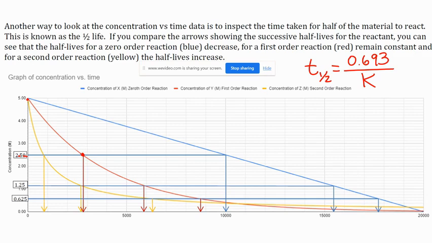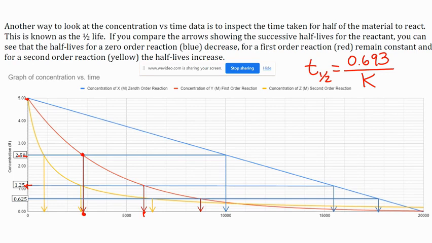Here's my 2.5. I find that time right here. I can see that when I go down to 1.25, that time is the same amount. So if I know how much time it took to go from here to here, I can plug that in to my equation and solve for K.